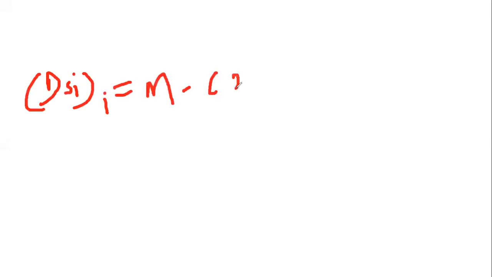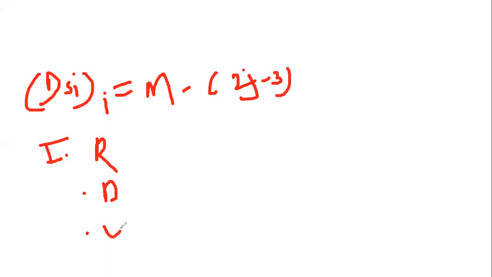Okay, now DSI internal. For DSI internal, we know the formula m minus 2j minus 3. Here also there will be three conditions: internally redundant, internally determinate, internally unstable.